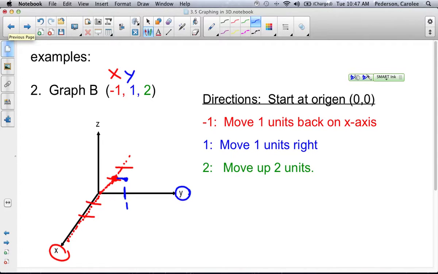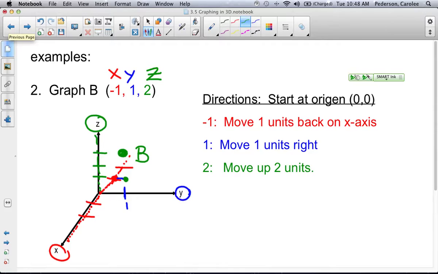The last step is to move 2 units up, since it's a positive 2 on the z-axis. So here's our z-axis, and from that point, here would be like 1, 2, 3. We're going to start here now and go up 2 units. And here is now our official point B.